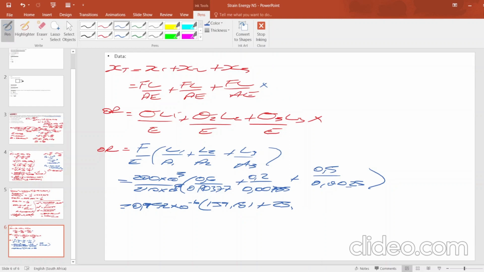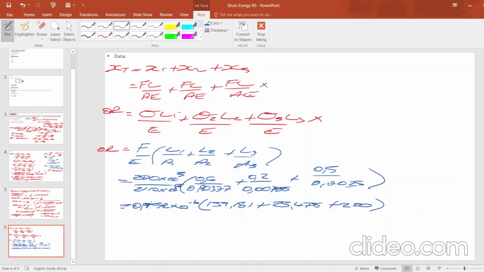It is 25,478 plus 0.5 divided by 0.025, then you will get your answer there as 200.